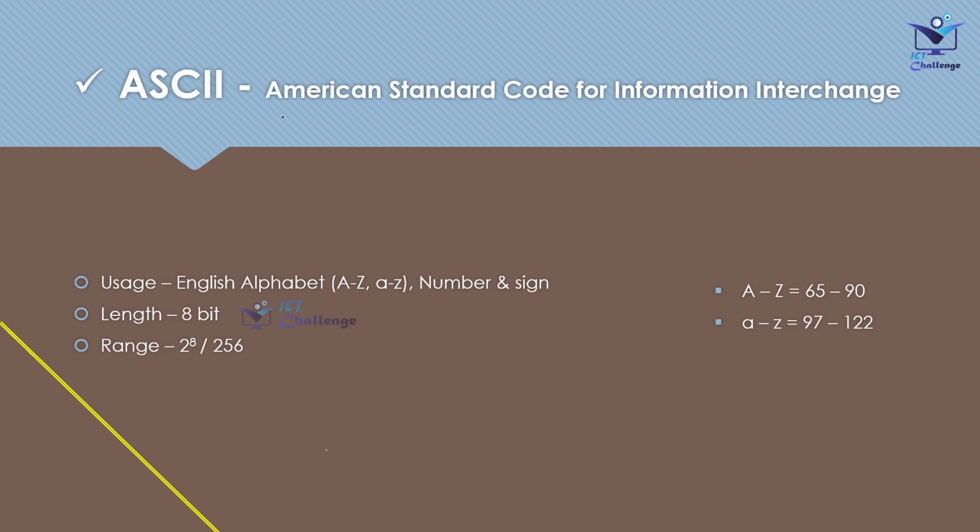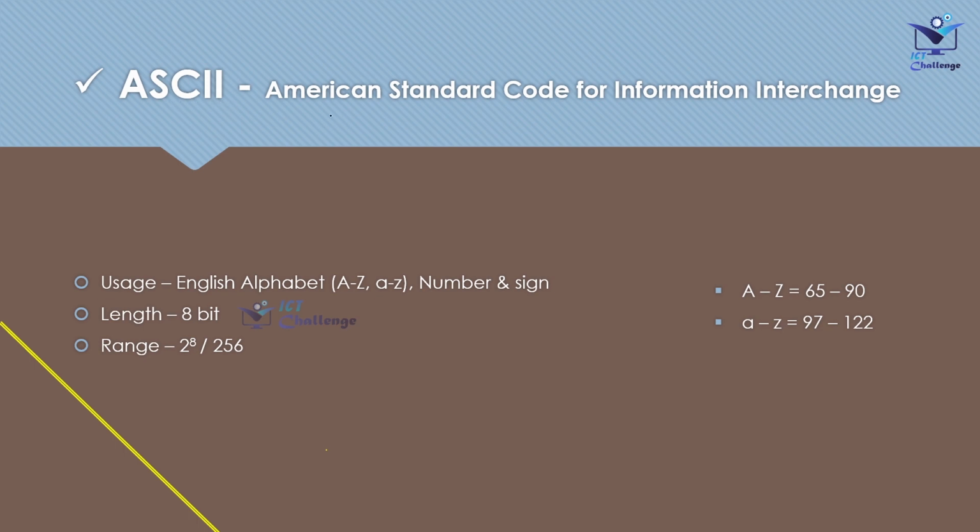So ASCII stands for American Standard Code for Information Interchange. You have to learn this spelling and pronunciation properly, because you can find the question like what is the full form of ASCII.